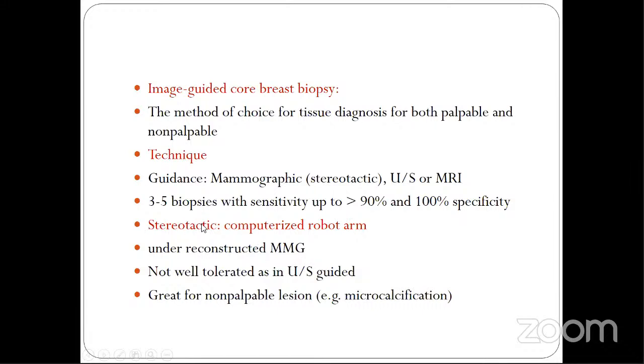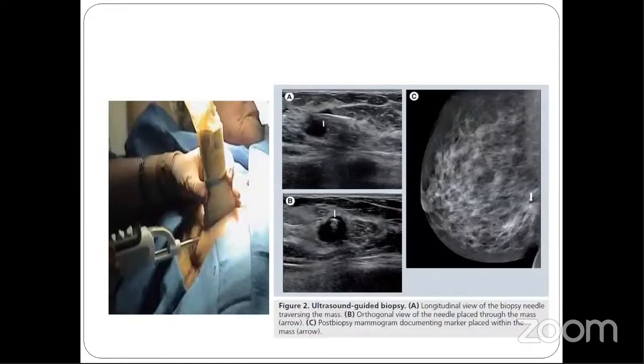What's a stereotactic device? It would be under mammography, but the problem is it is not as well tolerated as ultrasound guided. Okay, and it is the choice with great benefit for non-palpable lesions.